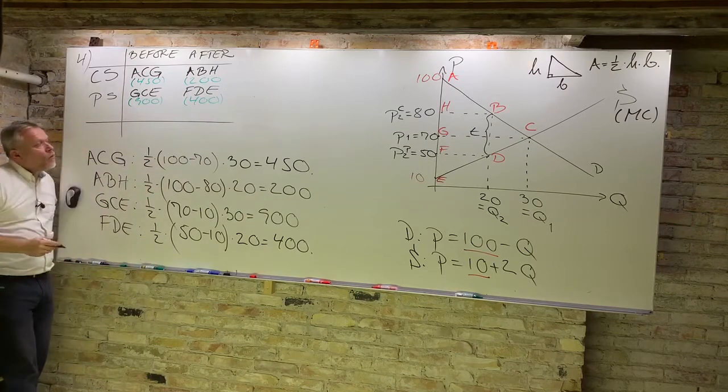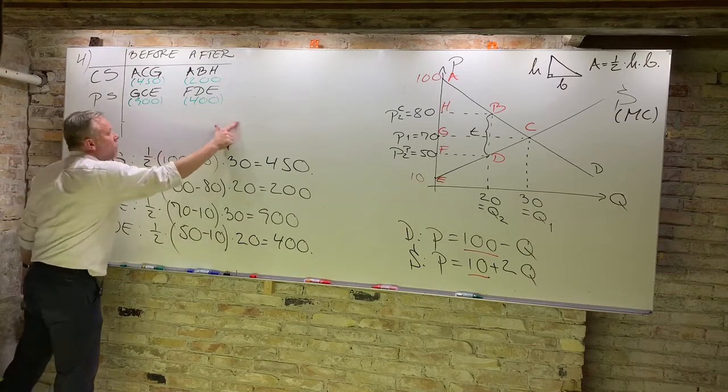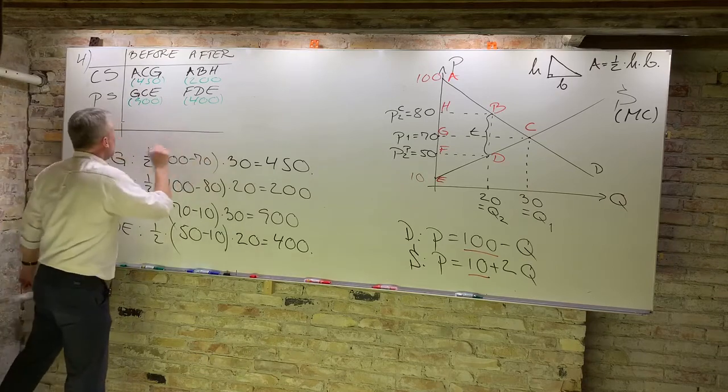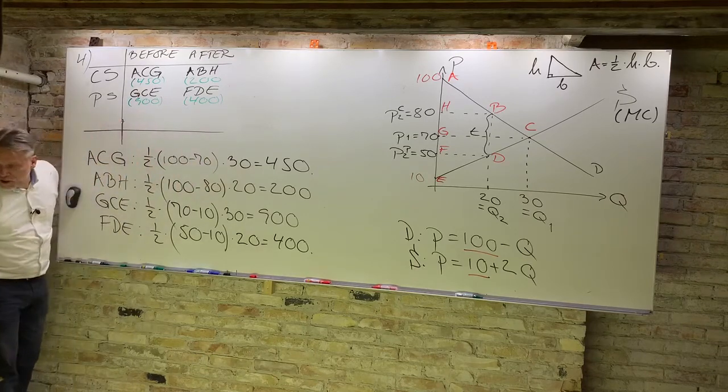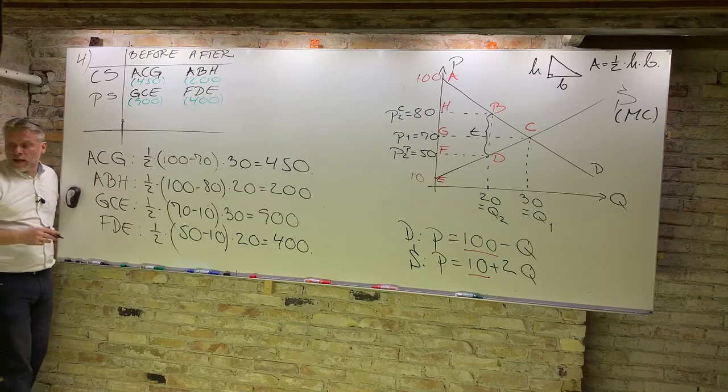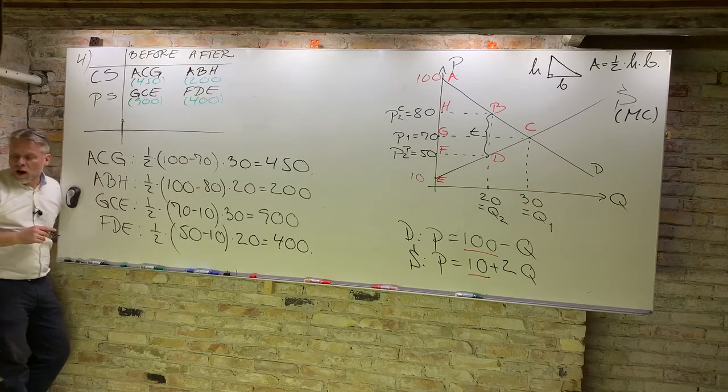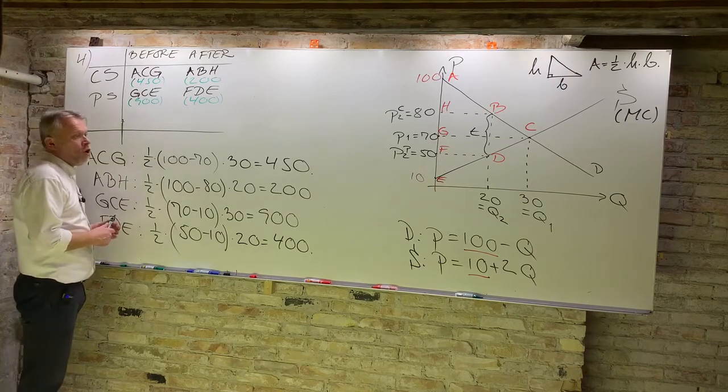And hereby we have done the part of the question which asks us to calculate the consumer and producer surplus before and after the imposition of the tax. What we should now also do, it says, is illustrate the efficiency loss.